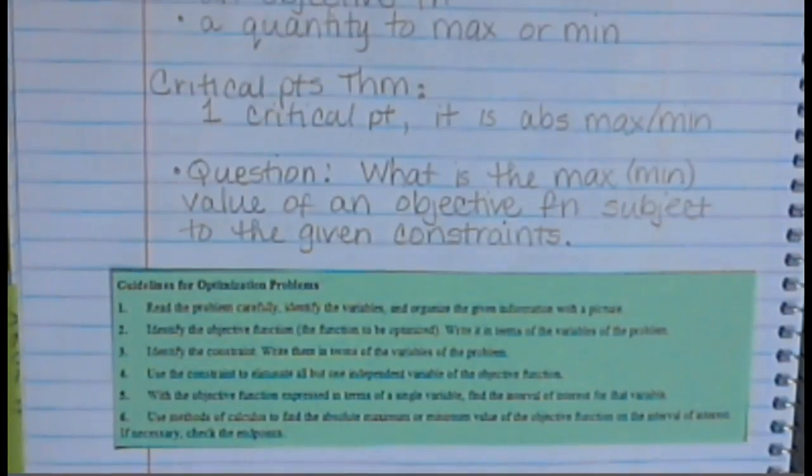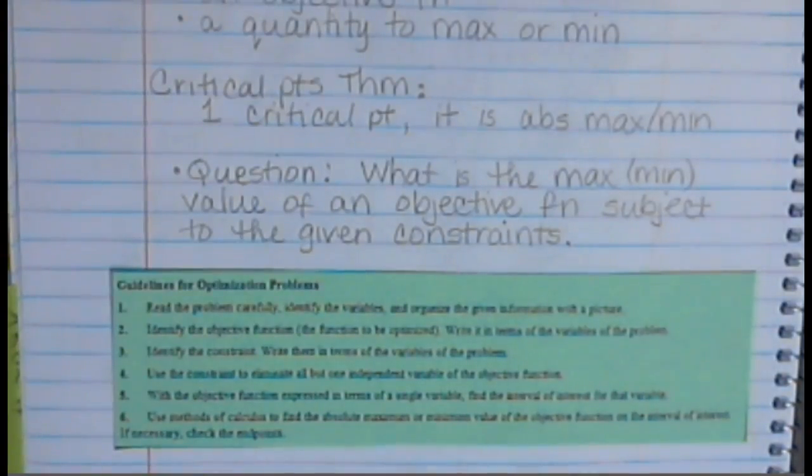The first thing is we're going to read the problem carefully, identify the variables and organize the given information, and a picture will be very helpful in these particular problems. Number two, our job will be to identify the objective function, which is the function that's going to be optimized, and we're going to write it in terms of the variables we have for the problem. Number three, we're going to identify the constraints and write them in terms of the variables of the problem.